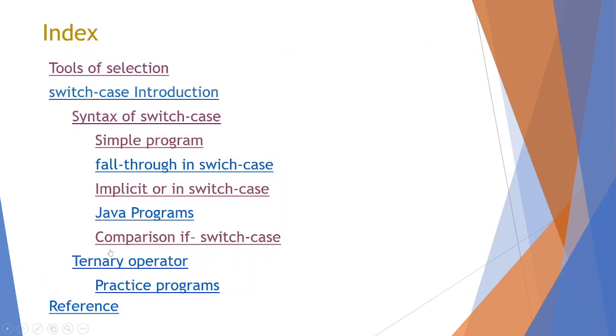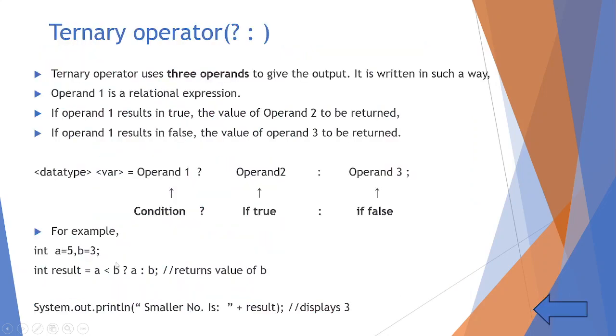Now coming on to the ternary operator, which we have seen already in operators, but now I will be writing programs. Ternary operator uses 3 operands, with question mark and colon as the operator. It has operand 1, operand 2, operand 3. Operand 1 is a relational expression, anything greater than, less than, or something like that.